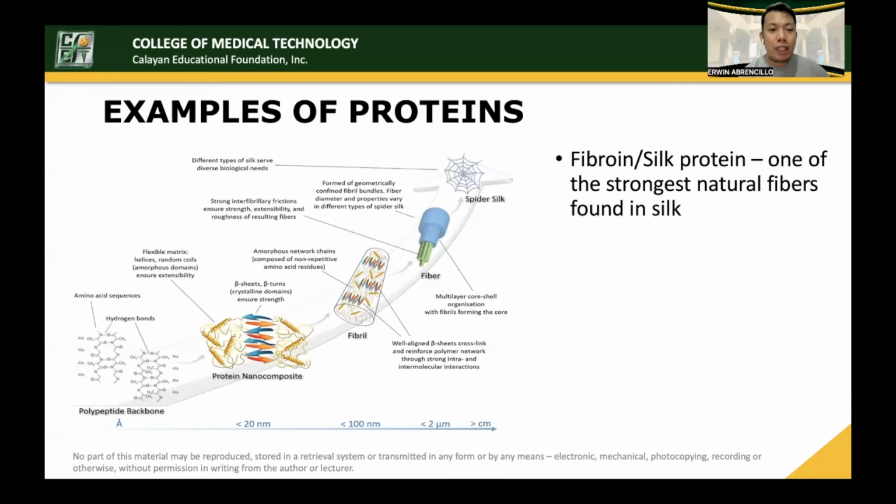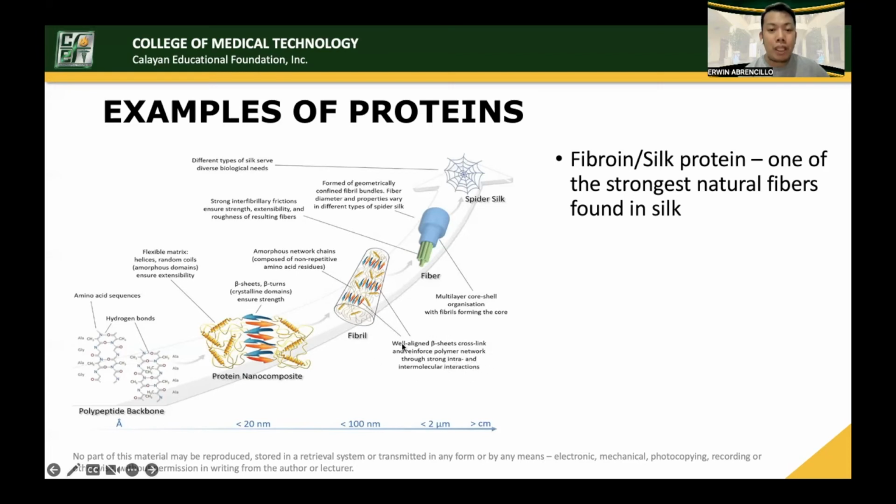Different types of silk serve diverse biological needs. And then this is the fiber from the spider silk. These fibrils are well-aligned beta sheets that cross-link and reinforce the polymer network through strong intra- and intermolecular interactions.